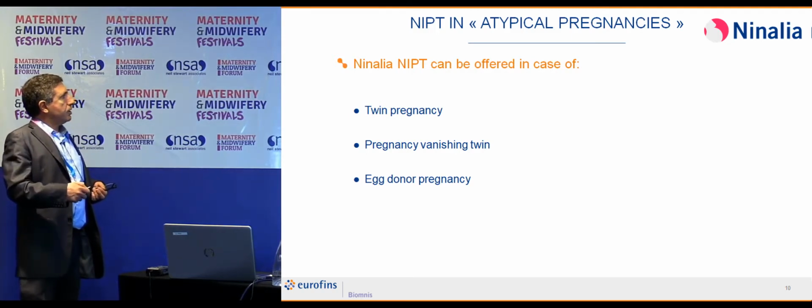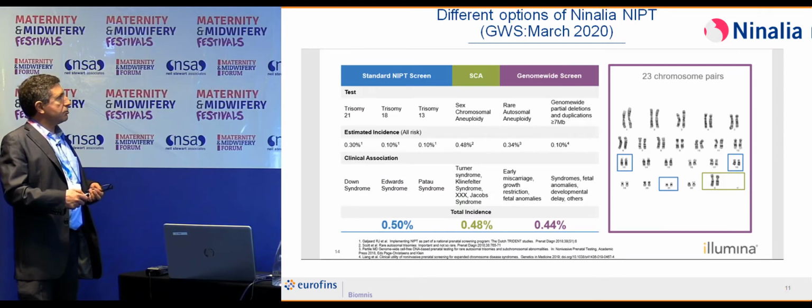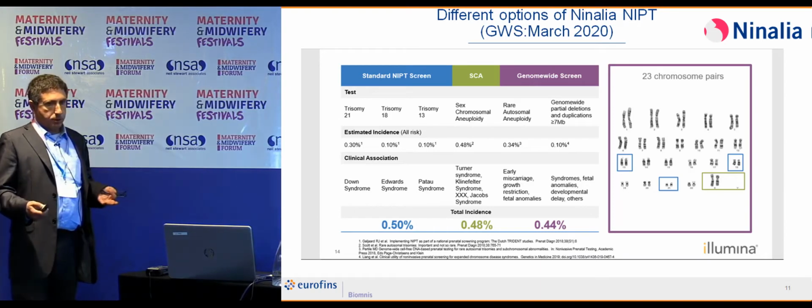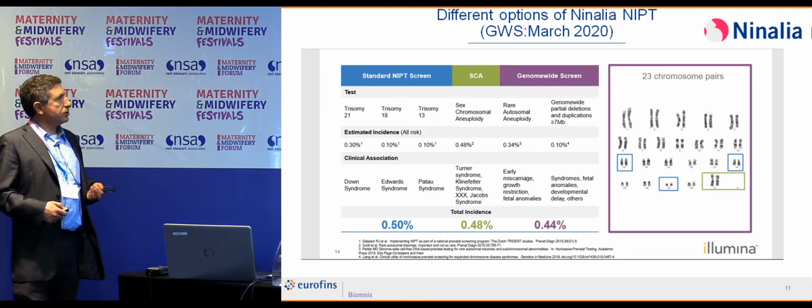So we usually give you results for standard NIPT screen for trisomy 21, 18, and 13. Sometimes, if the woman wants to, you can have an option on sex chromosome aneuploidy.